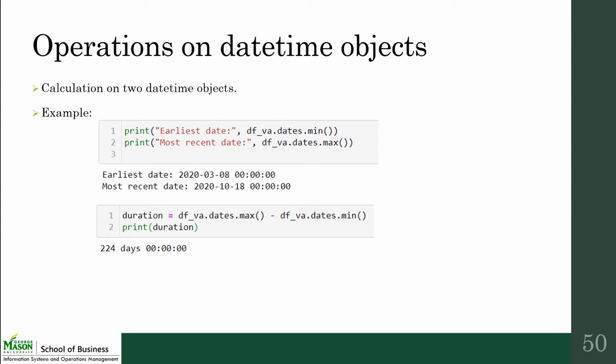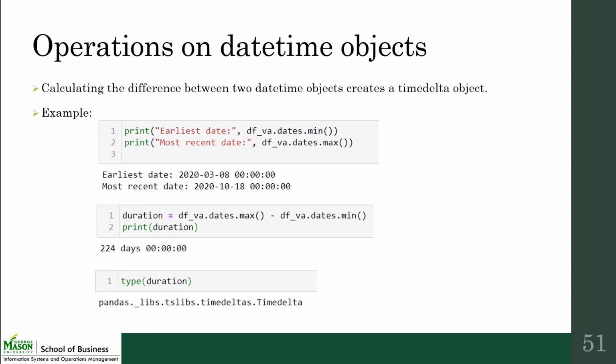Datetime objects can do math operations such as subtracting the maximum date and the minimum date. The result in this example is shown to be 224 days. To put things into context, it's been 224 days since the first outbreak of COVID-19 cases in Virginia, based off of this data frame df_va.